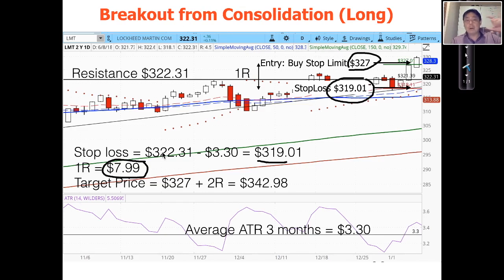So if I'm risking about $8, I need to make at least 2 times of that, which is about $16. Right? So 1R is $7.99. What is 2R? 2R would be $7.99 times 2, so that's roughly about $16, or $15.98. Is that correct?